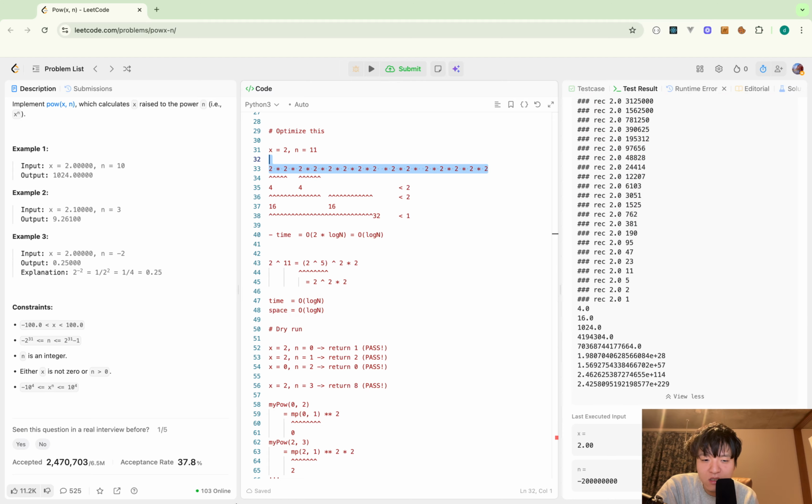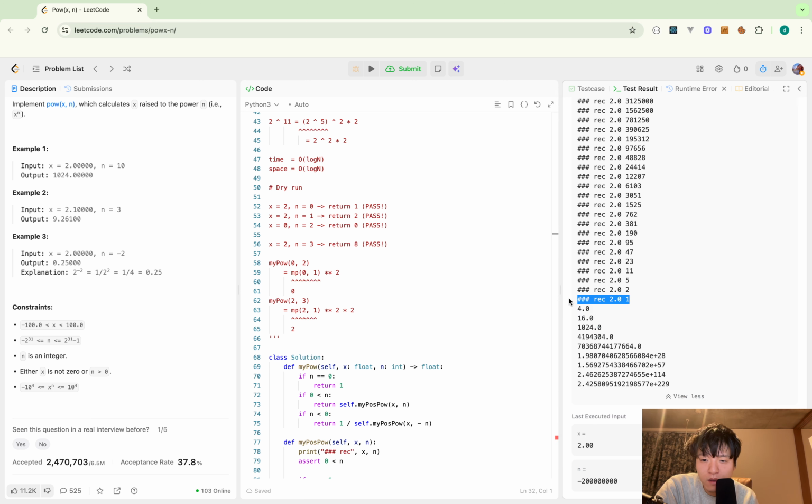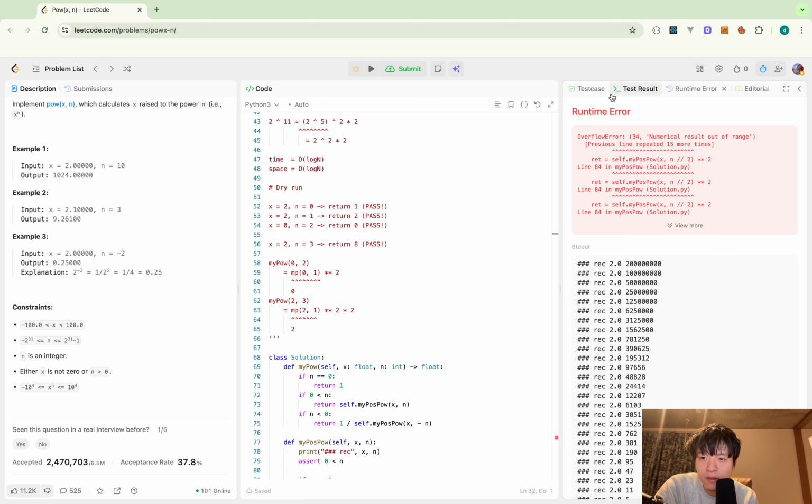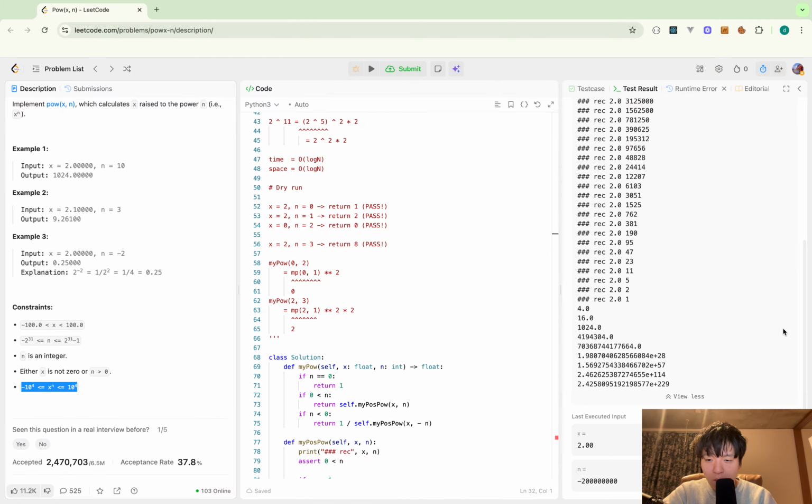Because it could reach the bottom of the recursion and it's going back, and when it's going back in the middle, this becomes a problem. But that's not the problem of the recursion depth. Oh wait, am I misunderstanding something here? x to the n. I see.